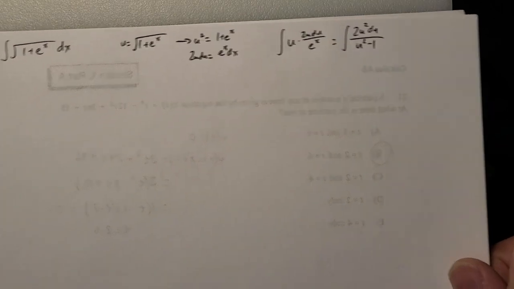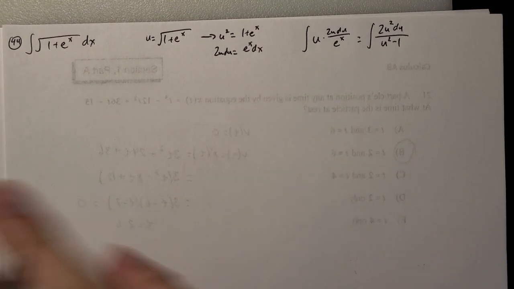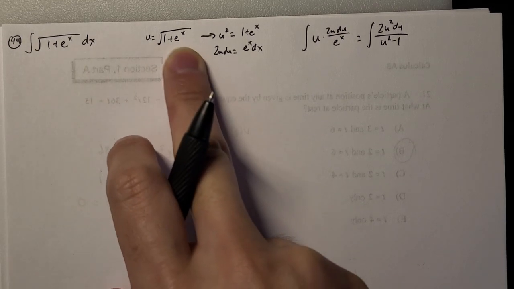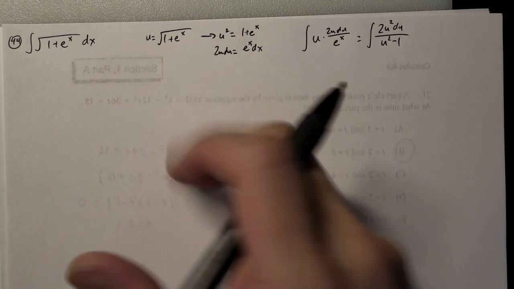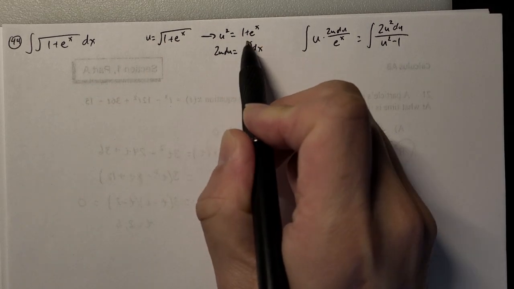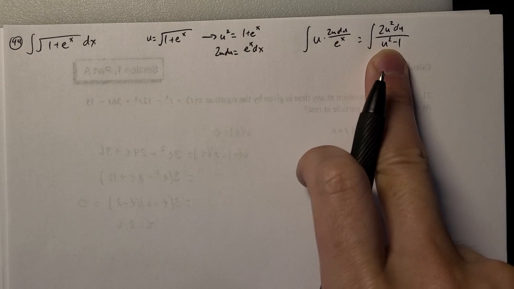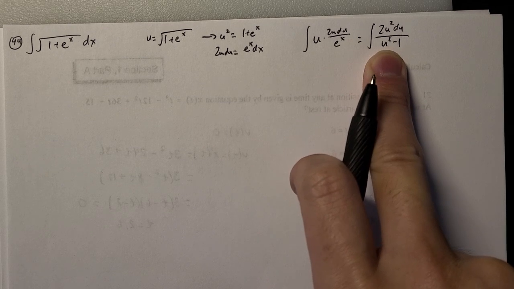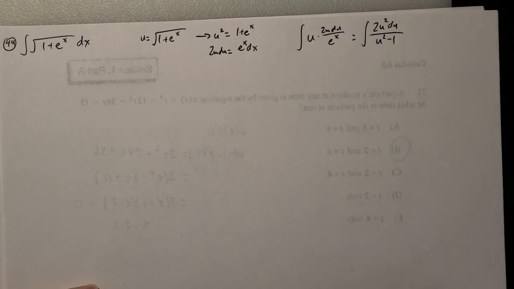Sometimes even as I'm doing them again live, I'm not trying to look at my previous answer, but I was thinking in my head that this substitution might not work because it's e to the x dx. But actually I can sub e to the x as u squared minus 1, and then it becomes this. This is the same thing I got previously, but I went about it in a more roundabout way. So this is more direct.